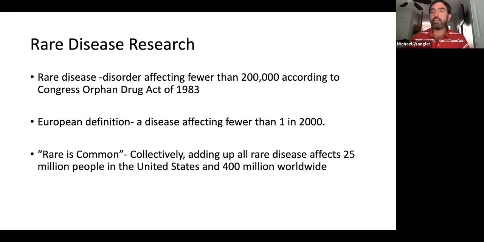There's a European definition that's slightly different: a disease affecting fewer than 1 in 2,000 individuals. But it's always important to remember that it's pretty common to have a rare disease collectively, because if you added all the rare diseases up, you can come up with maybe 400 million people worldwide. These are estimates, but it gives you a sense that rare disease is an important problem in and of itself.